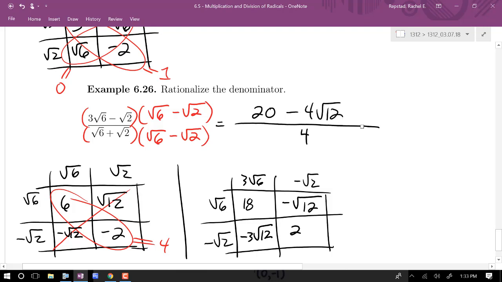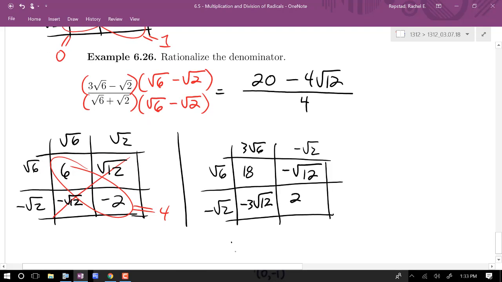And we're not quite done with this one because, anytime we're giving a result that ends up being a fraction, we should check to make sure that it's reduced. And anytime we've got a result that has a radical, we should check to make sure that it's simplified. So root 12, well, 12 is 2 times 2 times 3, which means it's 2 root 3.